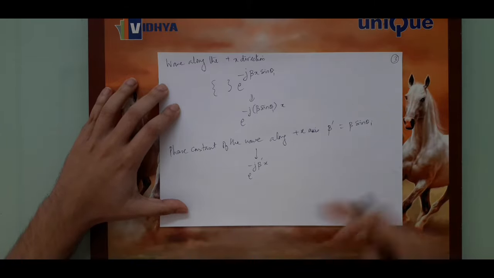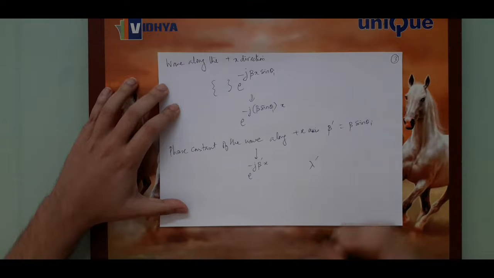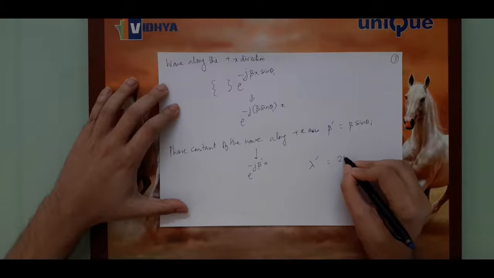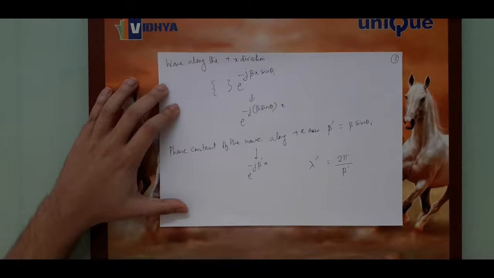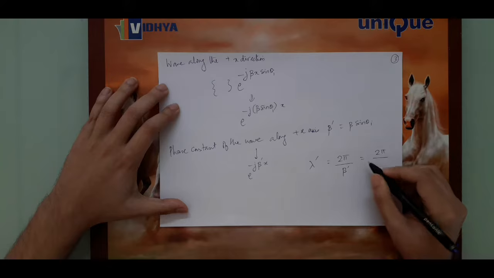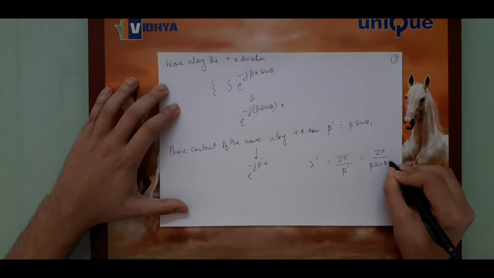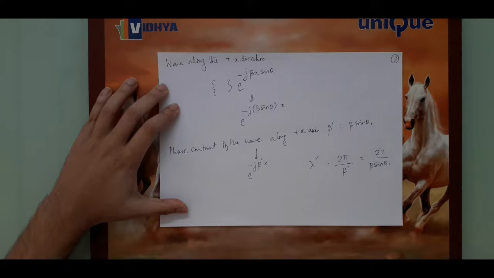If I want to characterize the wavelength of the wave, I can define some lambda prime also, which is not equal to lambda, that is 2 pi by beta prime, which is 2 pi by beta sine theta I. But 2 pi by beta is the lambda of the original wave.